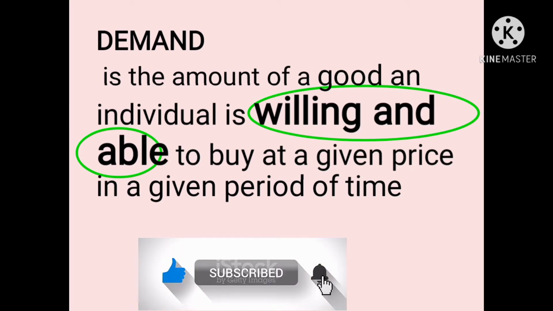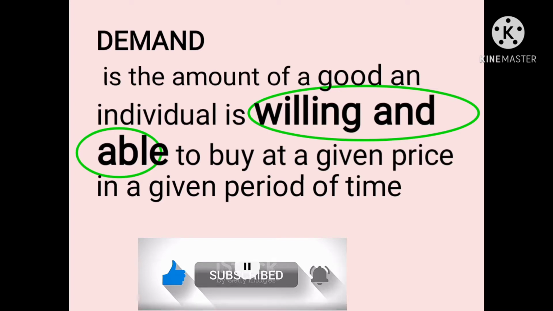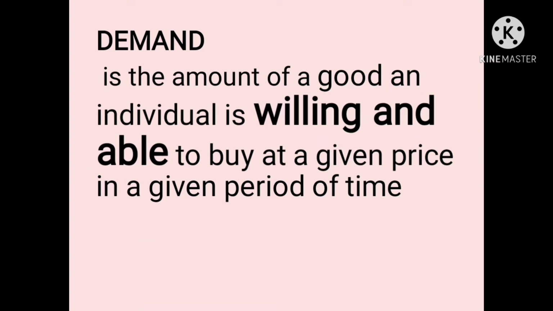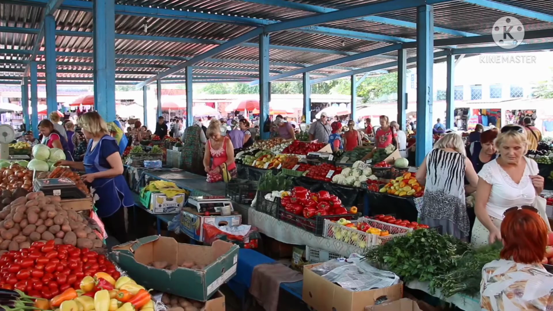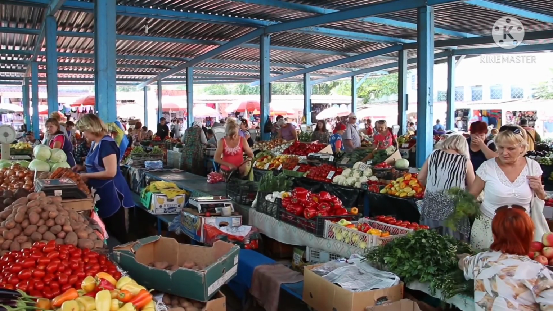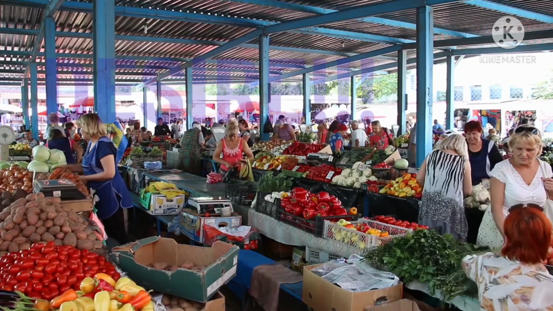So when you have only one aspect, let's say willingness, if there is willingness and ability is not there, then it's not demand we are talking about. What do you think we are talking about? Give me the answer in the comment section. And I imagine the answer you have put somewhere in the comment section is desire.